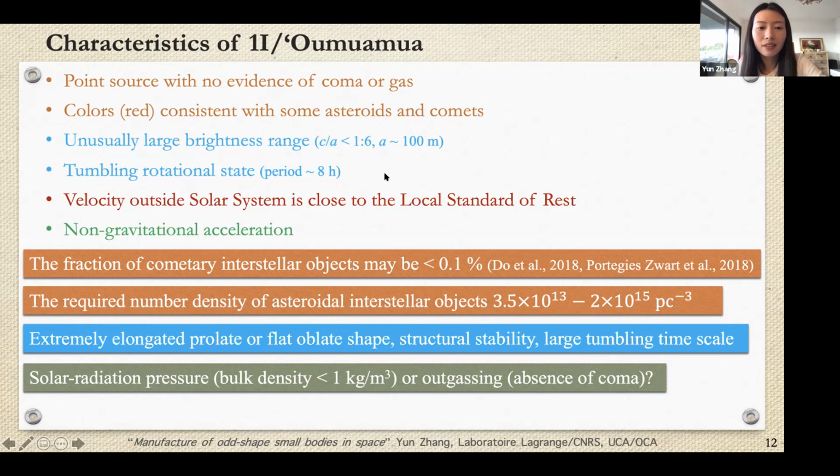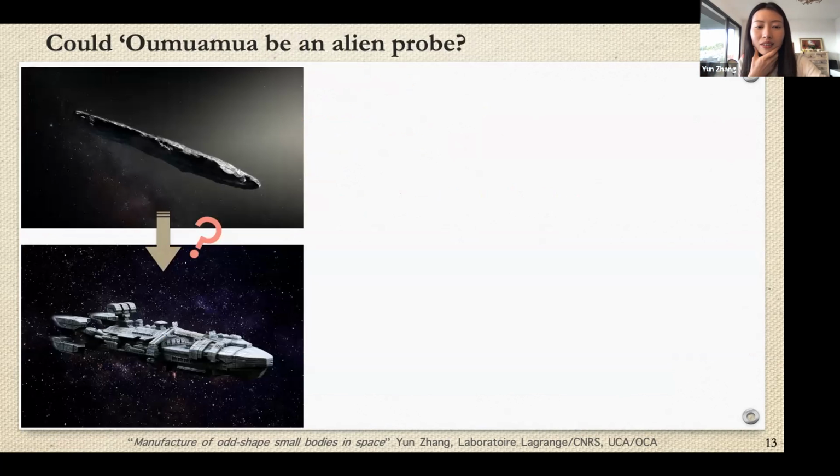And the fact that the second interstellar object fits the previous assumptions about interstellar objects will make Oumuamua even weirder. So that's why some artificial alien spaceship ideas are invoked when we try to understand Oumuamua.